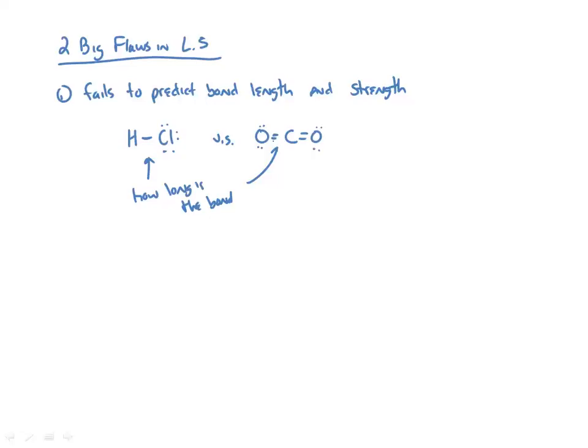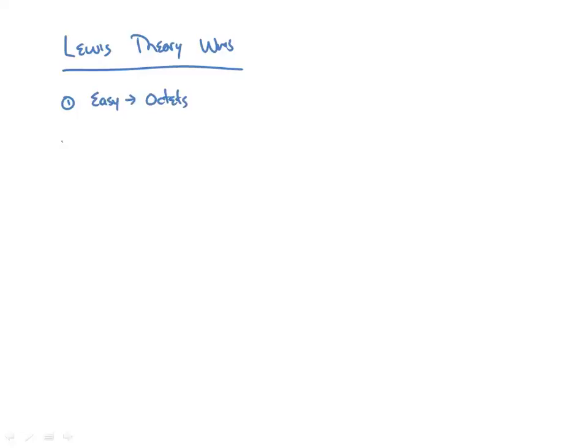Lewis theory came about mostly as an observation that things like to have octets and that we can predict the shapes of molecules very well from Lewis theory. So I should point out that Lewis theory wins for some things. Maybe this is something I don't stress often, but Lewis theory wins because it's easy, meaning octets are pretty reasonable.